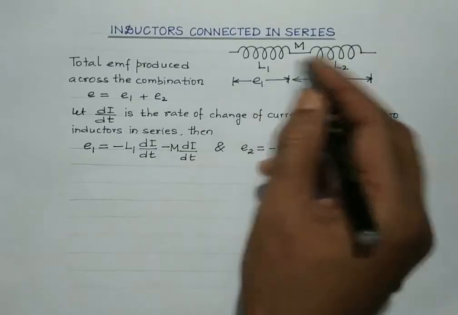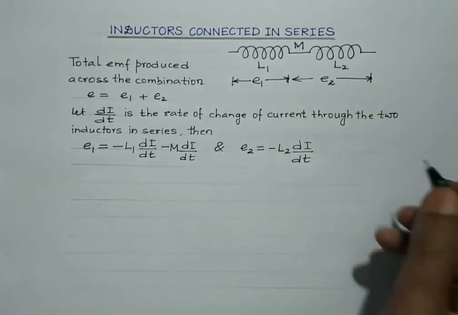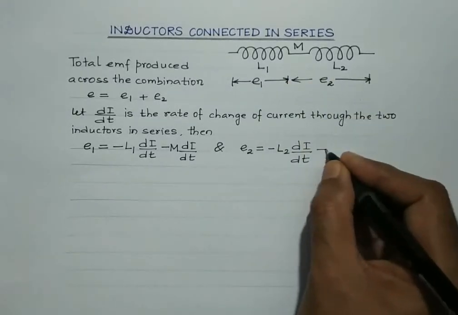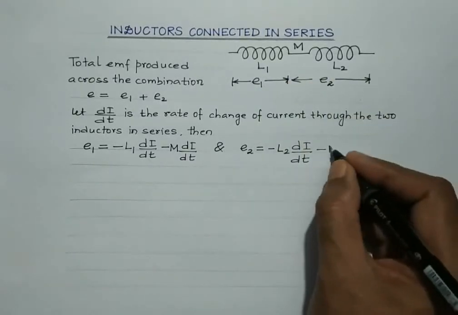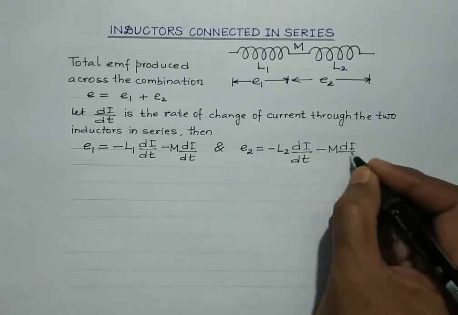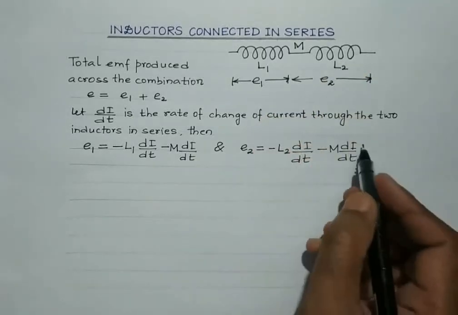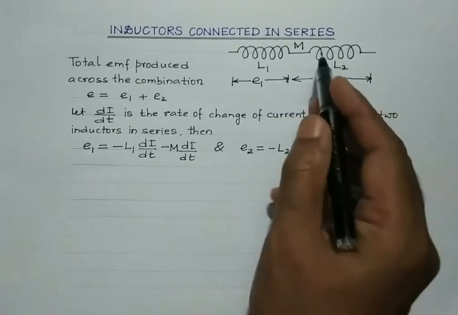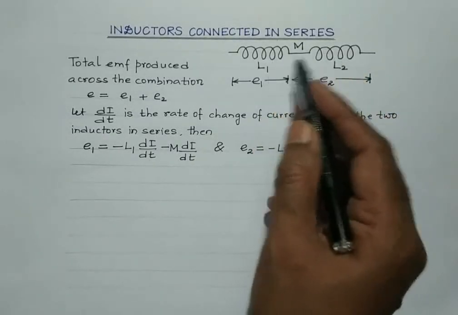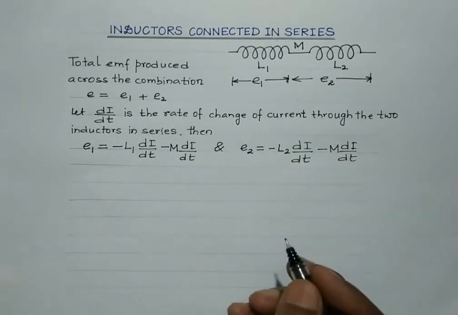Rate of change of current across both the coils is same since they are connected in series. Minus plus minus will get minus M di by dt. This is the EMF induced in the second coil due to the mutual induction between the two given coils, right?